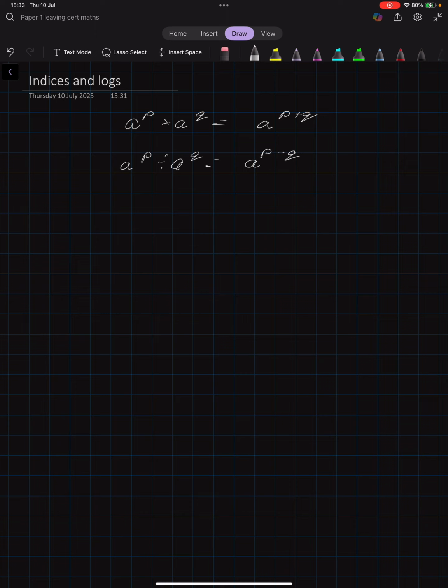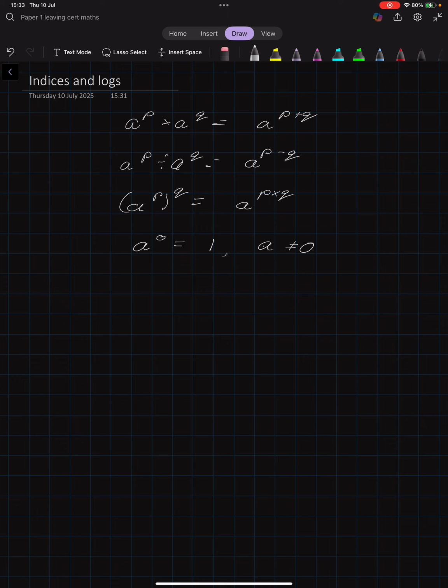Okay, a to the power of p all to the power of q. You now multiply the powers, so it's a to the power of p times q, like that. Okay, a to the power of 0 is equal to 1, so long as a is not equal to 0. So a can be anything, just not 0 in this case.